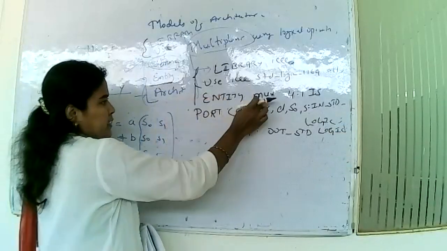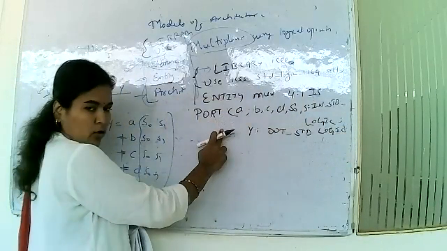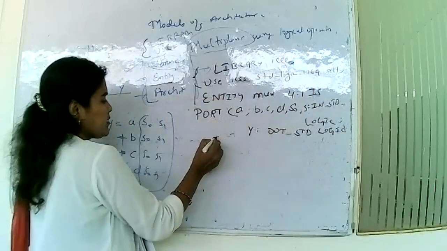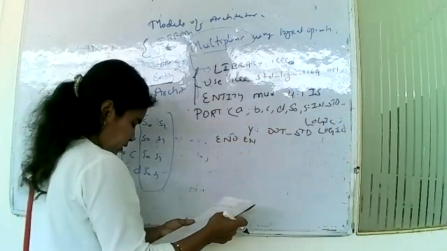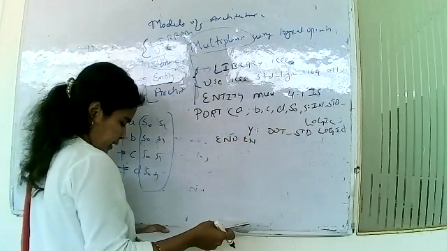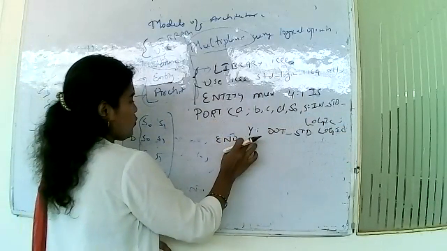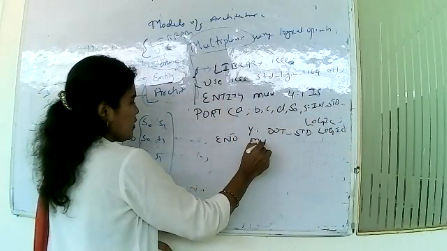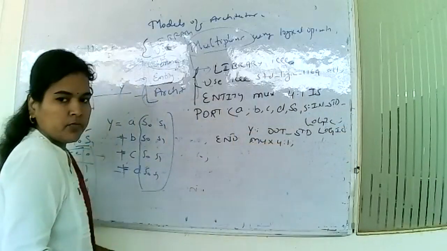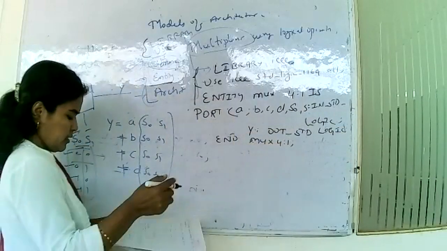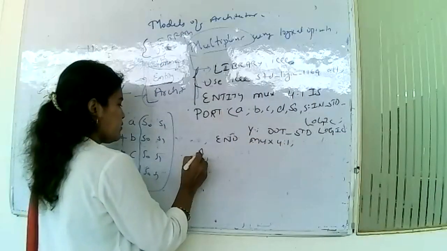I am writing the entity name, next the inputs and the outputs, then it is the end of the entity. The entity name is the multiplexer, Mux 4:1.